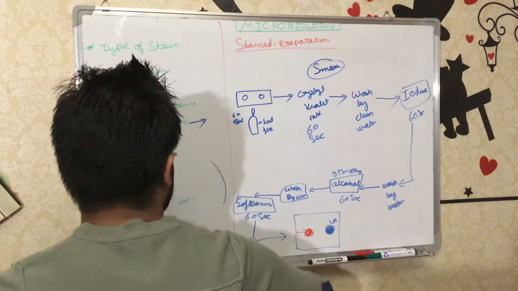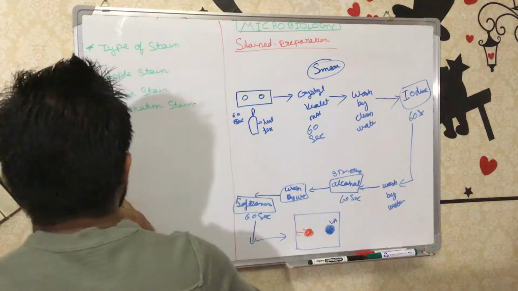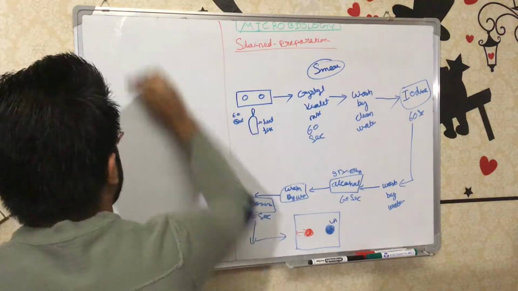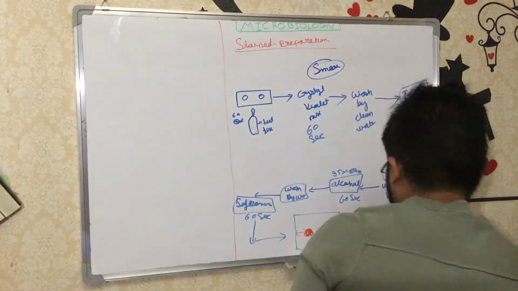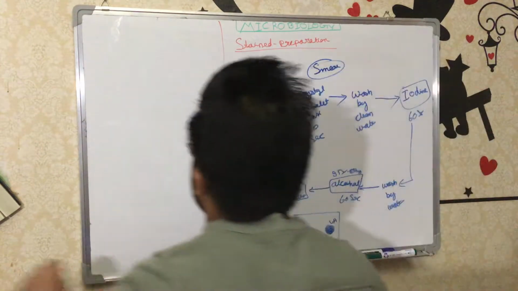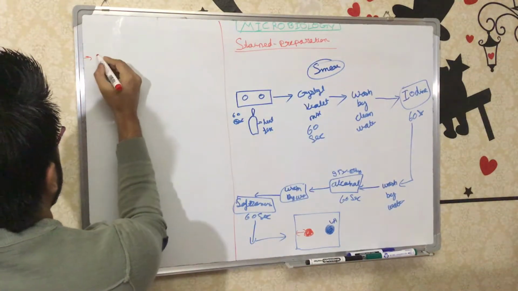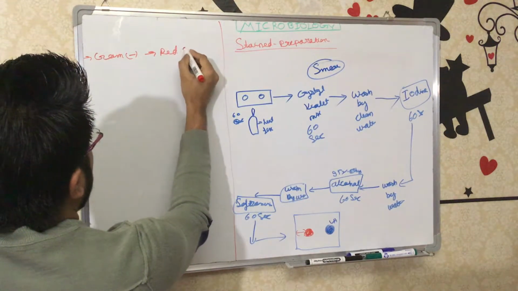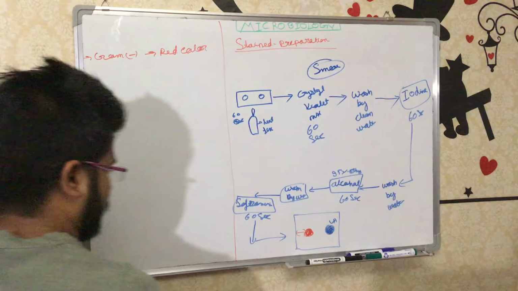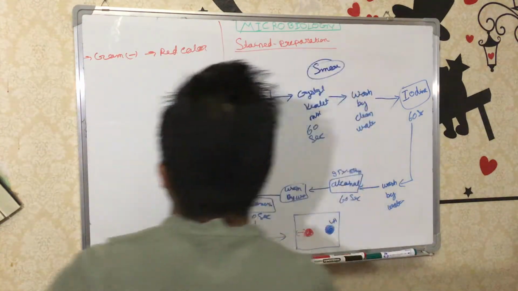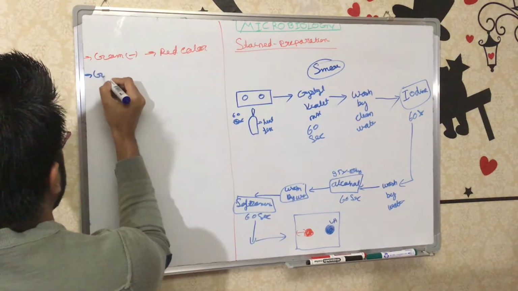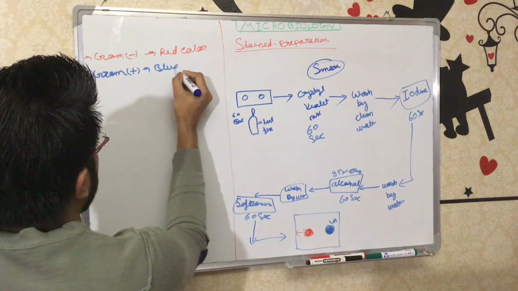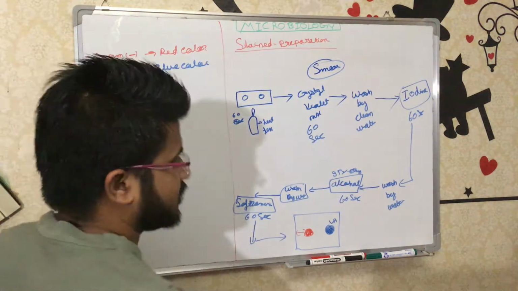Let's rub this one. First, we should know that gram negative is red color, and gram positive is blue color or violet color or purple color.